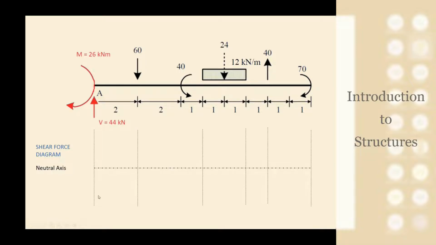And we expect to have sudden changes in this diagram at the beginning where the reaction is applied, under every punctual load, because the punctual load affects severely the shape of the diagram. You see that the moment won't produce any influence on the shear force diagrams.